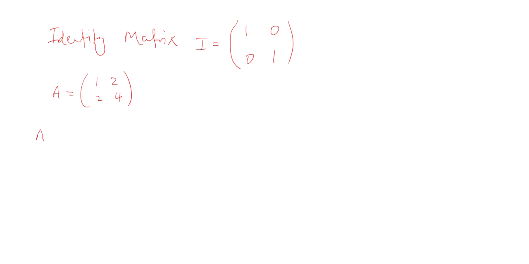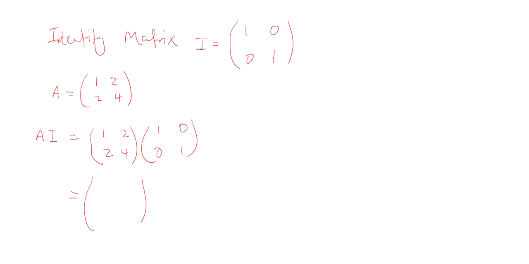I take A and I multiply by the matrix I, right? What's going to happen? So we write our matrix 1, 2, 2, 4, and I'm going to put 1, 0, 0, 1, right? What is going to happen? So we did matrix multiplication already, so I'm going to speed through this a little bit.